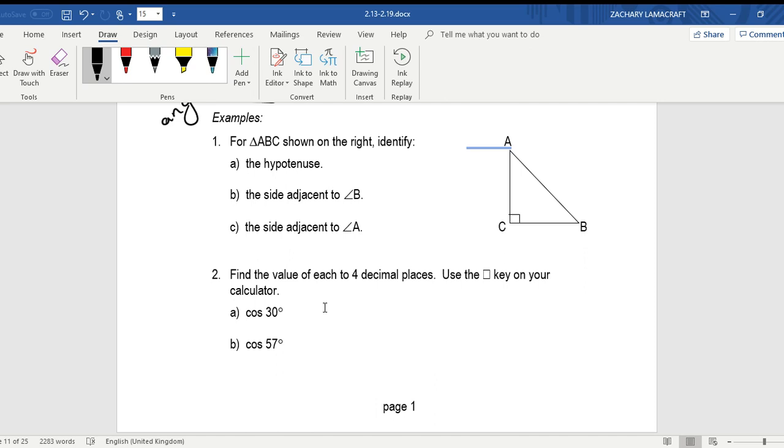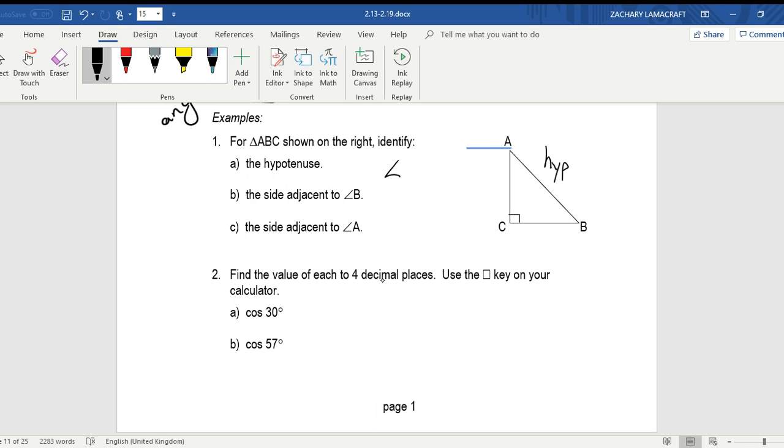So it says for the angle A of triangle ABC, identify the following. So the hypotenuse we know is AB, or that long side. The side adjacent to angle B. Remember that when we see this symbol, that means angle.